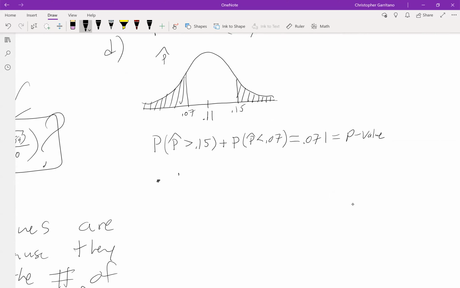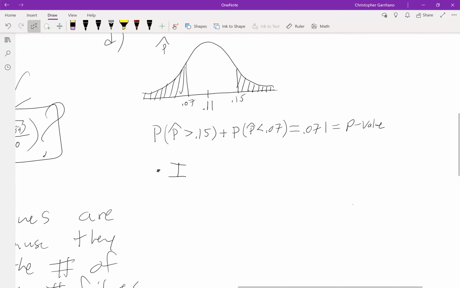Here we go. It's definitely something that is likely to come up on the AP exam, interpret a p-value. So we start out with saying, essentially, if H null is true, but we of course need to say that in context.